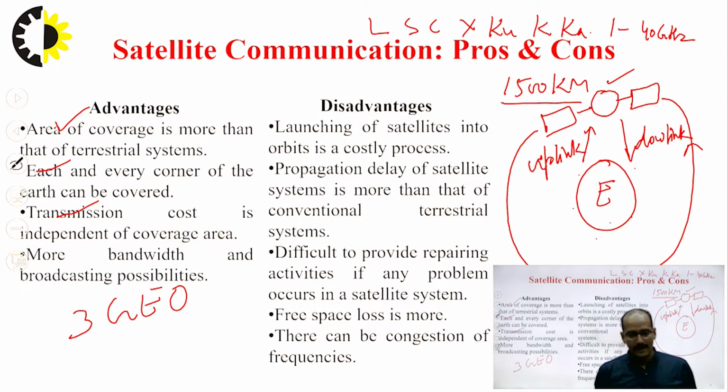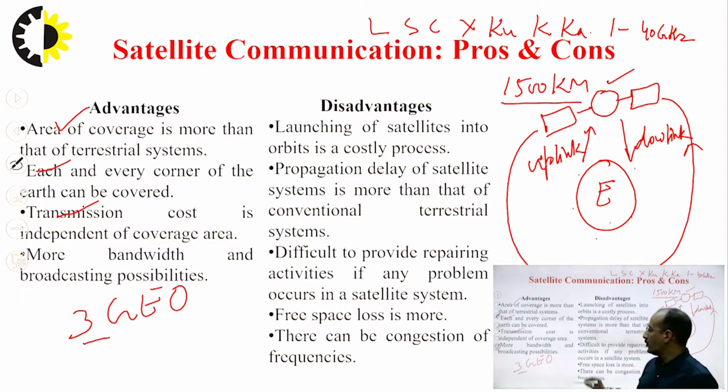So as the coverage area increases, the number of repeaters increases, and that's why the total cost also increases. But when we are talking about satellite communication, as I told you, 3 geosatellites are sufficient to cover the whole earth, each and every corner of the earth.